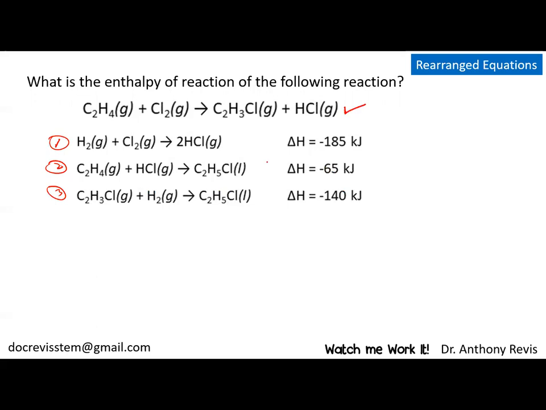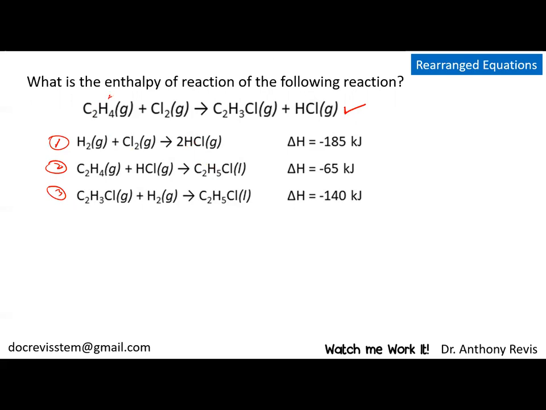Okay, the first thing I'm going to do is try to match out things that I tend to think are easier to match out. And what I see is I'm going to start with equation 2 because I can see my reactant. So I just start here.